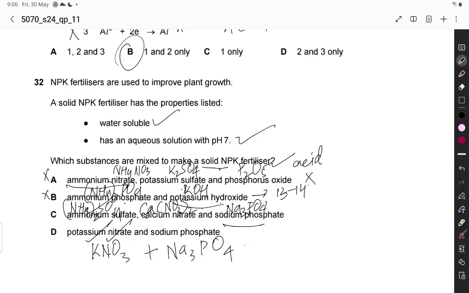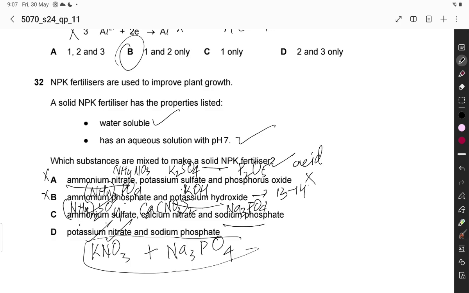All are water soluble, and both are salts, so the solution has pH 7. Potassium nitrate is a salt, sodium phosphate is a salt.